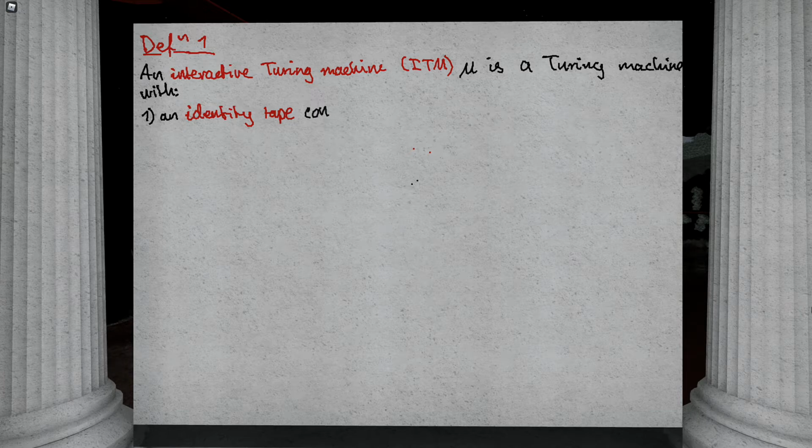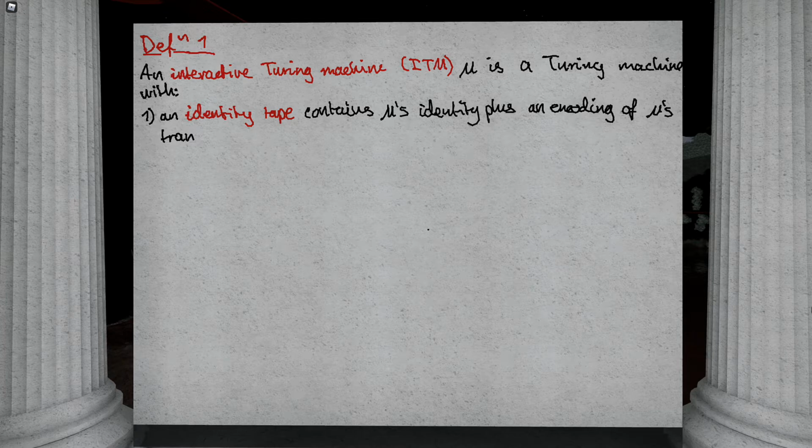So it contains mu's identity, which, if you recall, is some tag, perhaps a natural number, plus an encoding of the transition function, just considered as a normal Turing machine transition function.